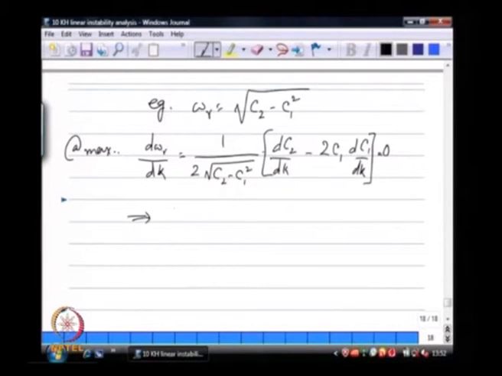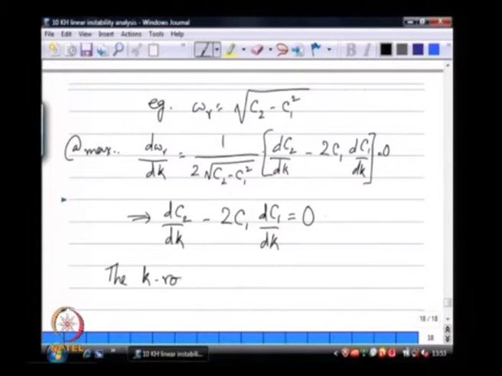So, this implies d C2 dk minus 2 C1 d C1 dk equals 0. The root of this equation is k star.